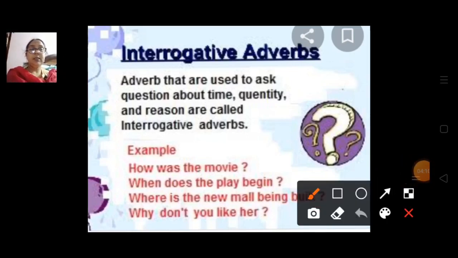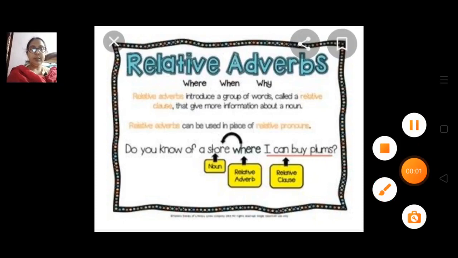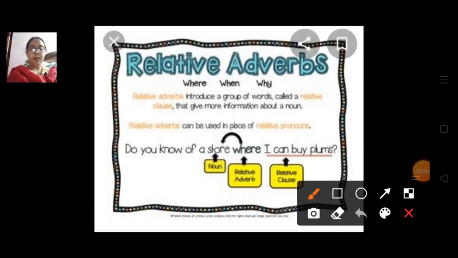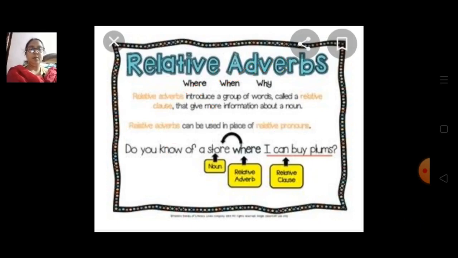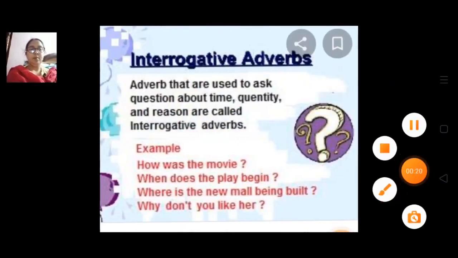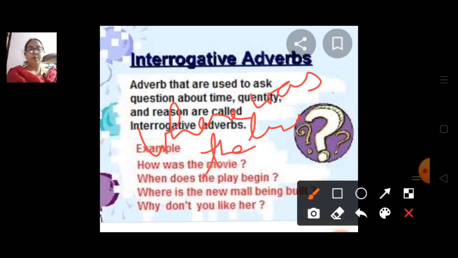Here you can see a few examples. Where was the building constructed?